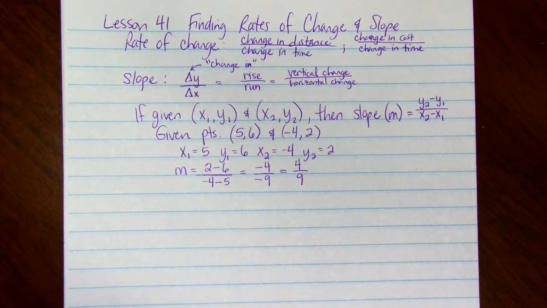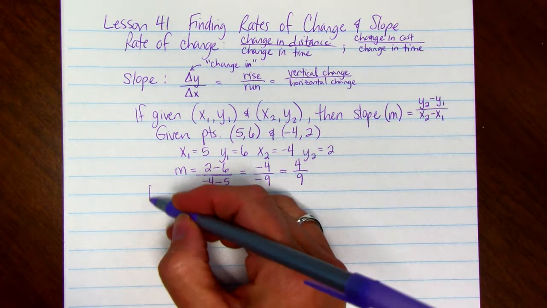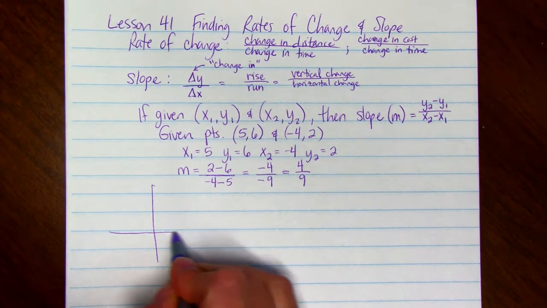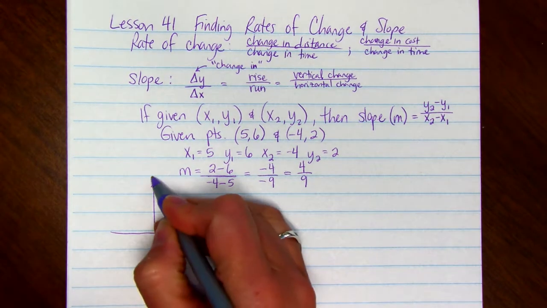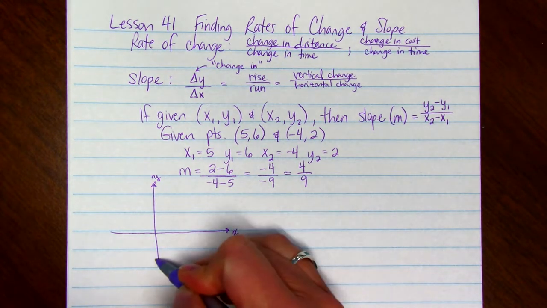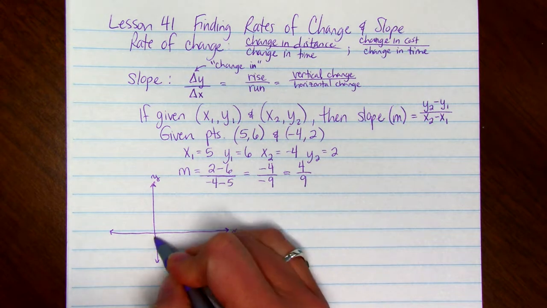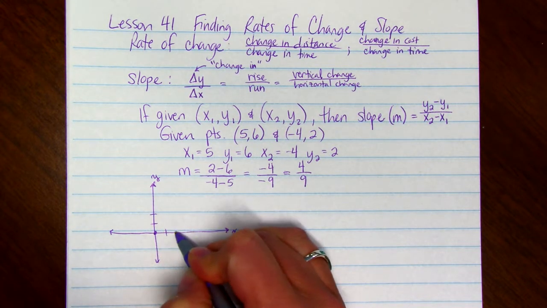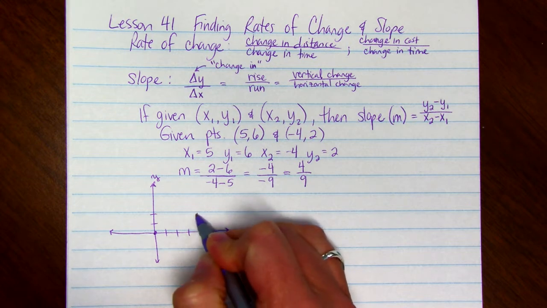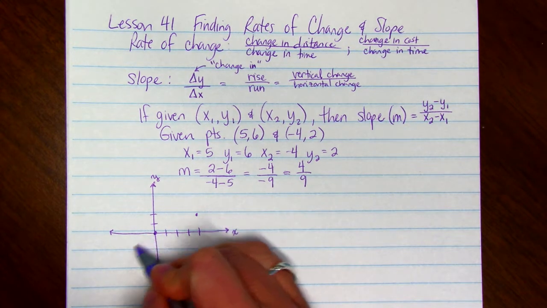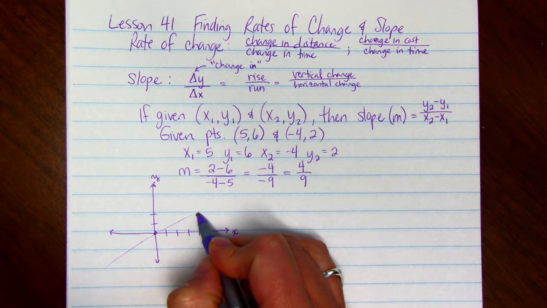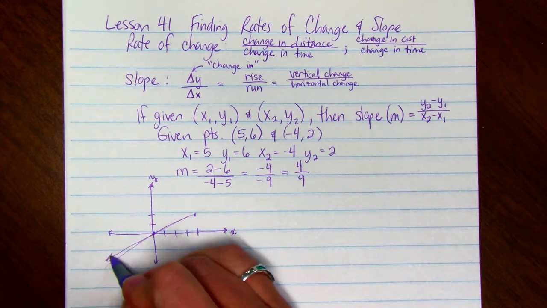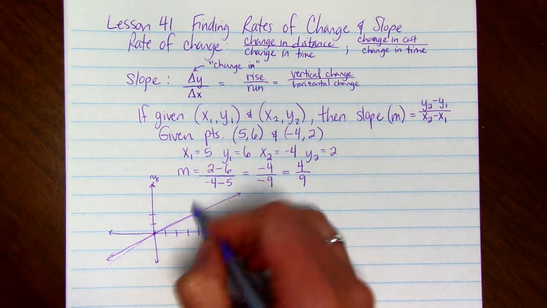So if you're given a picture of a line, so a graph of a line, this is the y-axis, the x-axis, okay, so we're going to go through the origin, and we're going to go to the point (4, 2). Okay, so here's our line, and we have 2 points here.